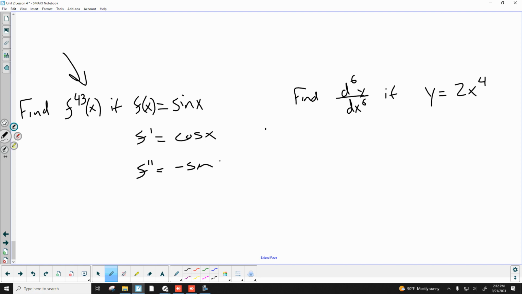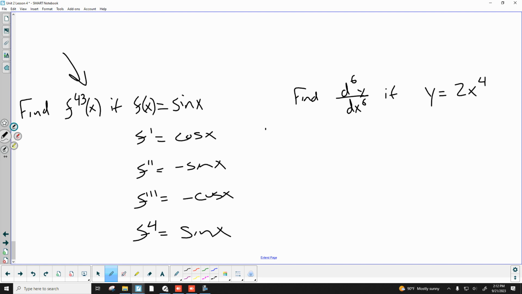Okay, cool. So we're at 2. Then the third one is negative cosine. Okay, let's keep going. What's the fourth derivative? What's the derivative of negative cosine? Positive sine. What's the fifth derivative?